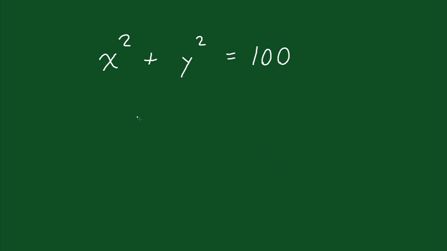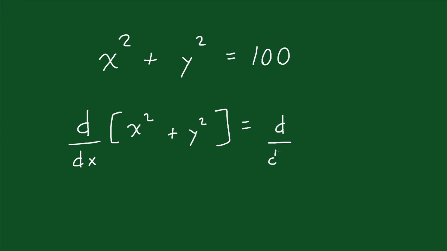Well, what you have to do first with implicit differentiation is take the derivative of both sides of the equation. So what I'm going to do is take the derivative, and I'm asked to find it with respect to x, just like we typically would, d dx of x squared plus y squared, and on the other side I'll do the same thing, d dx of 100.